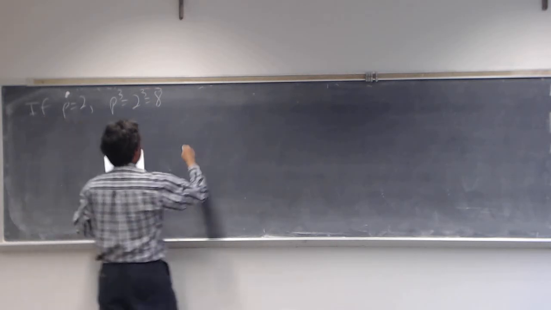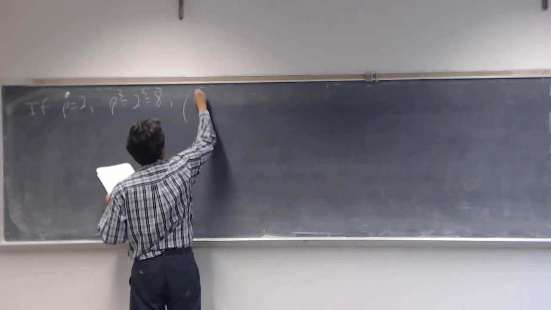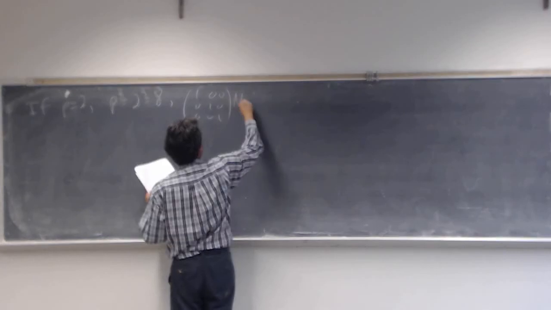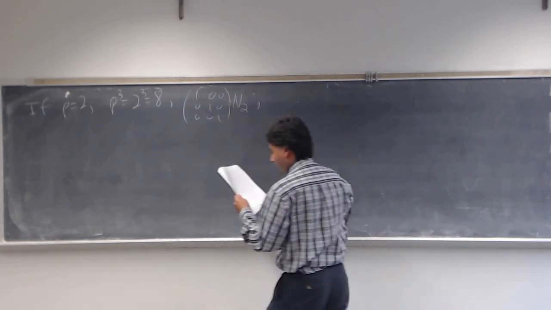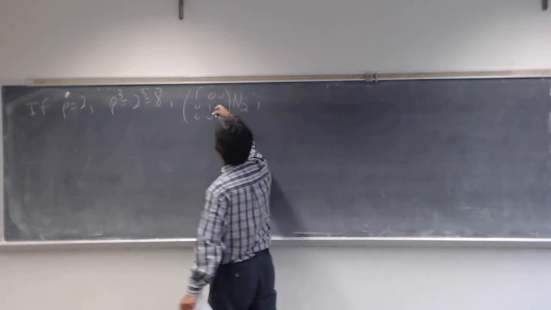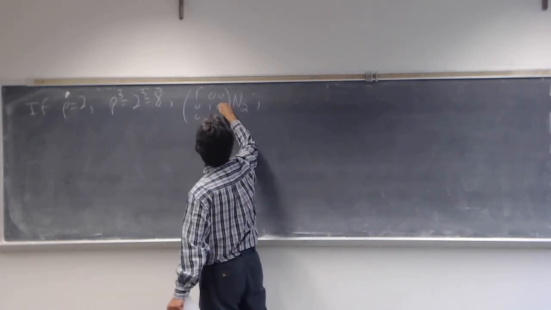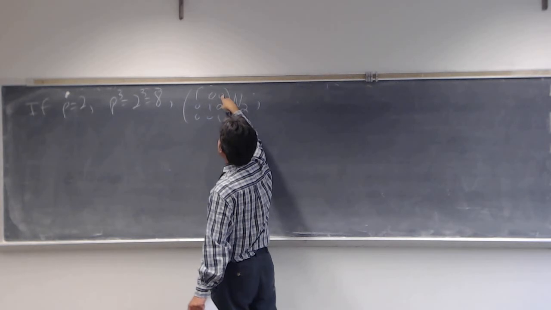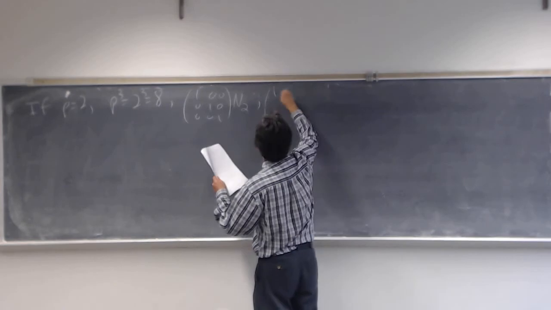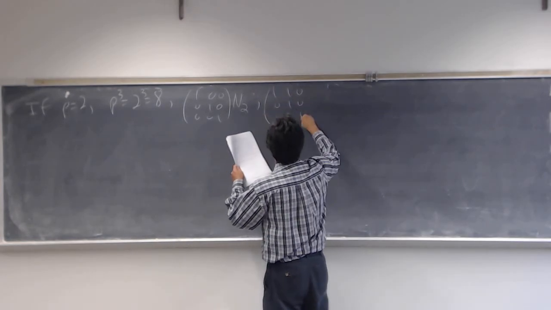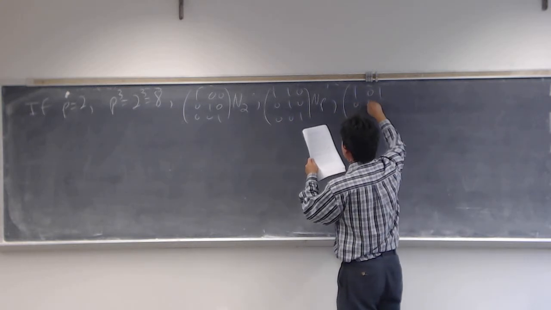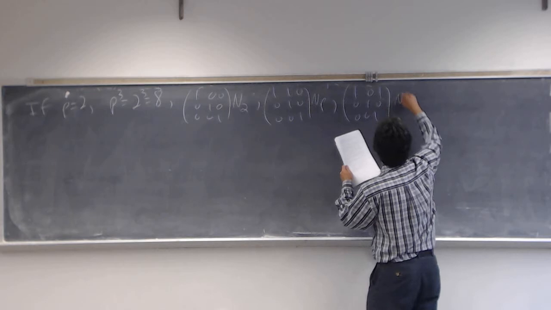So let's list all the elements. We've got the coset determined by the identity, and then something else. Remember, the way to get a different coset is to use all the possibilities for remainders between 0 and 1, which is 1 less than 2 here. So this is another coset, another element of the group. Here's a third element of the group.